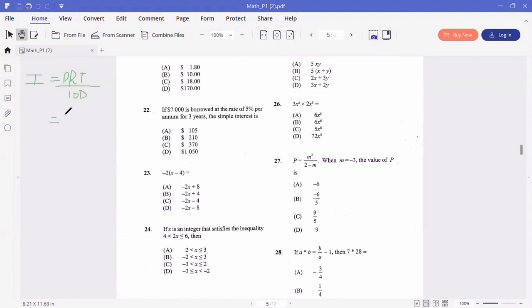P is the principal amount, which is the amount that you're borrowing. That is 7,000. Times the rate, the interest at which you're borrowing the money, and how many years you're borrowing the money for. So it's 3 years, over 100.